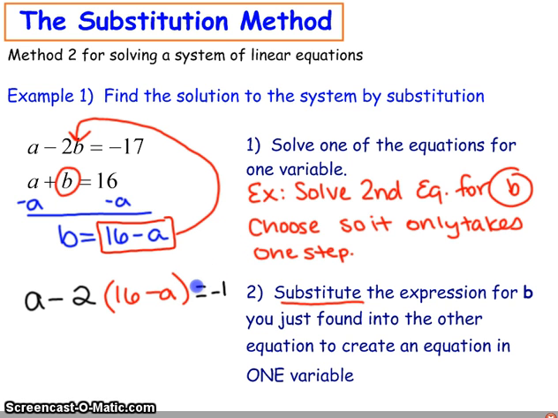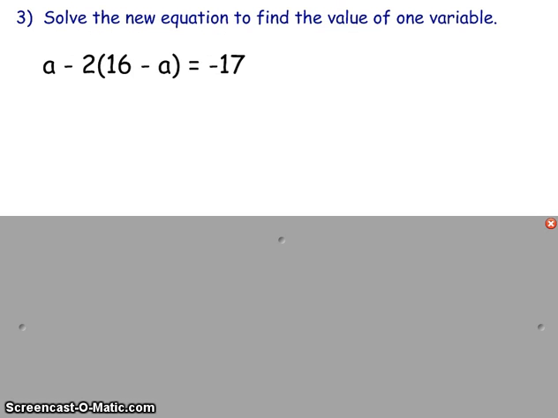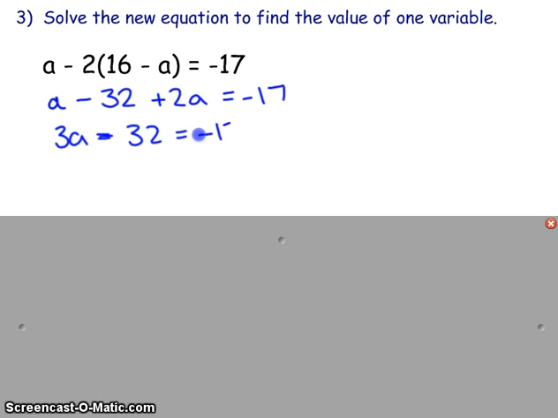And now, this is just an equation that has all A. And in fact, that's our next step. We're going to solve the new equation to find the value of one variable. So the first thing I need to do is distribute my negative 2. So negative 2 times 16 makes negative 32, plus 2A equals negative 17. If I combine like terms, I get 3A minus 32 equals negative 17.